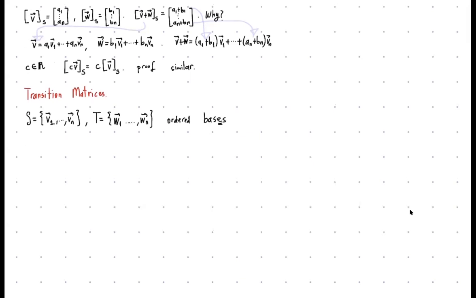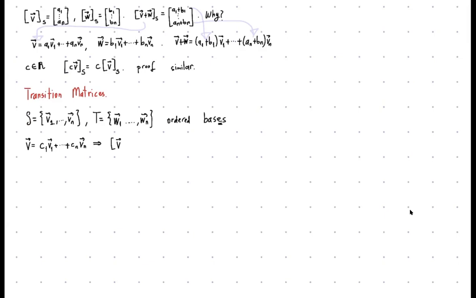So first, let's look at the coordinates of this vector with respect to the basis S. This means C1 times V1 dot dot dot Cn times Vn. So what does this mean? This means the coordinates of the vector V. Oh, I want to do this for W, I'm sorry.